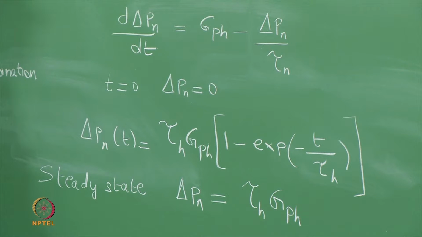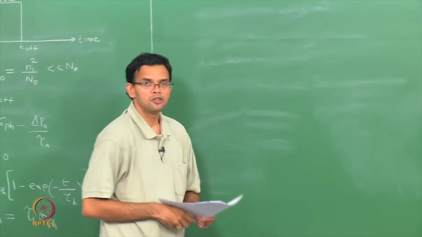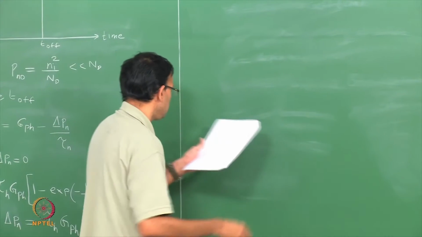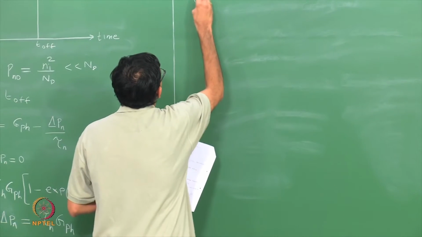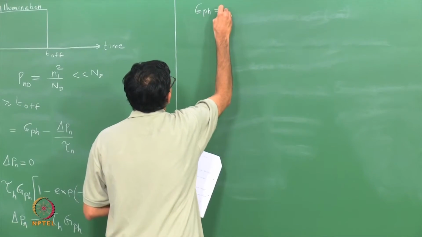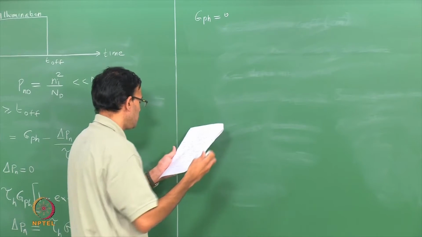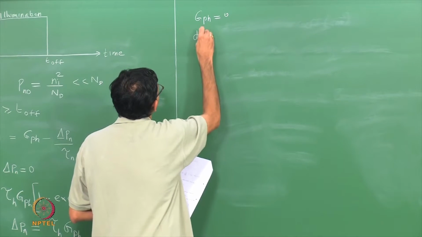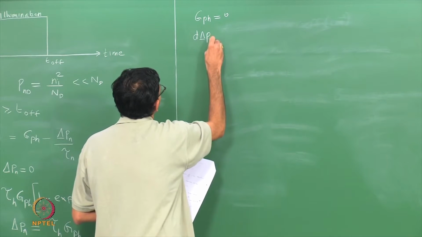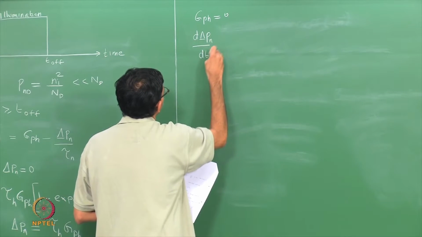Now I am going to turn off my light, and we will see what happens. So, now I am going to turn off the light, so that Gph is 0, there is no more generation of electrons or holes, and then the equation just reduces.